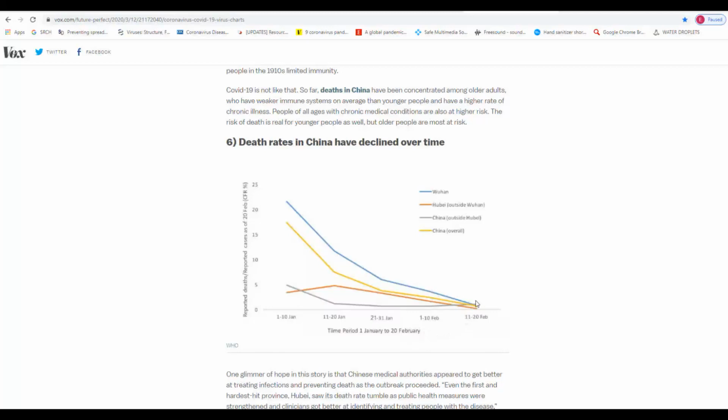So, okay, over a month. Wuhan, where my understanding is the origin of the disease, the blue line goes way down over that period of time. And in fact, other parts of China also show it going down overall. For example, this yellow line shows it going down overall in China.